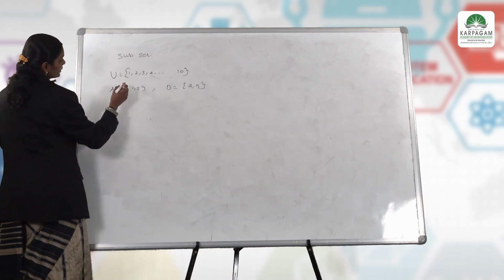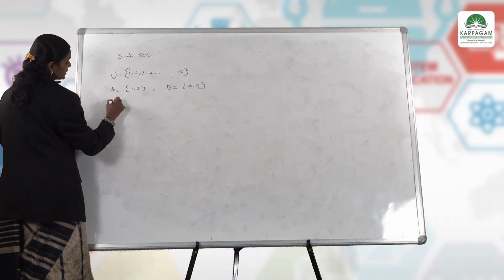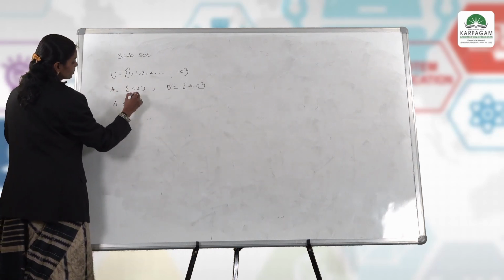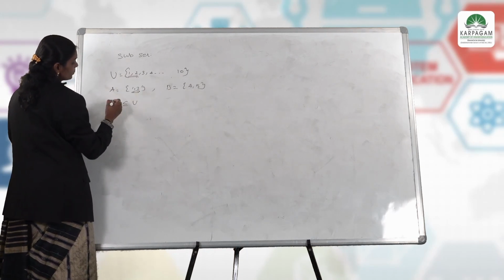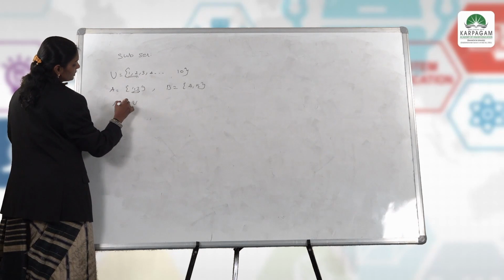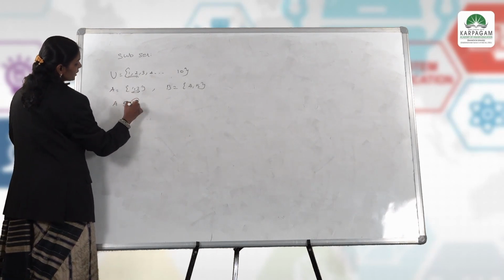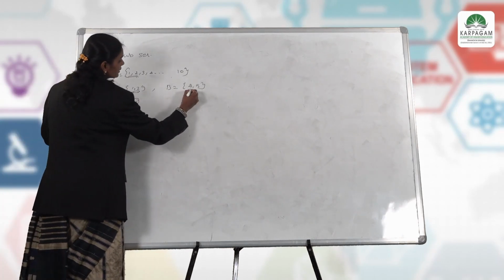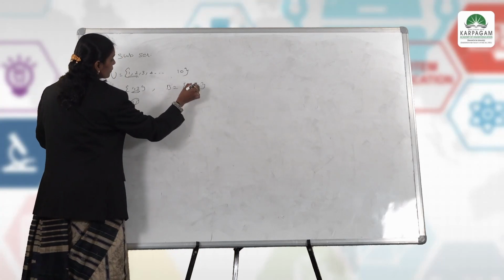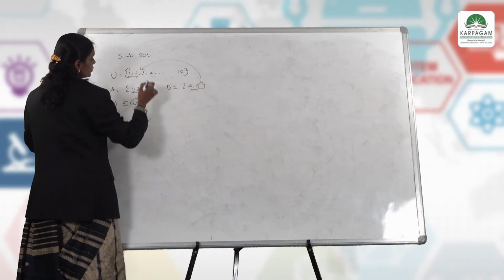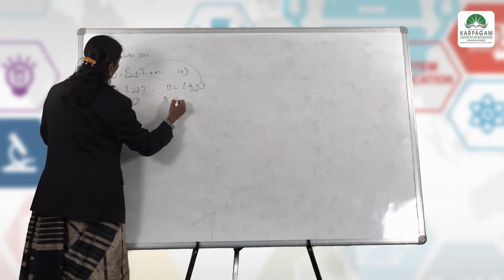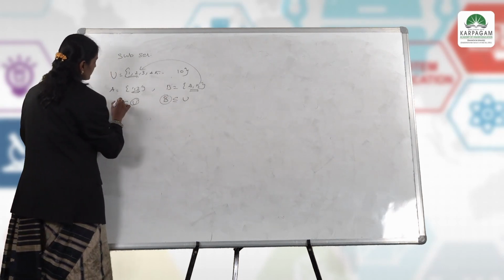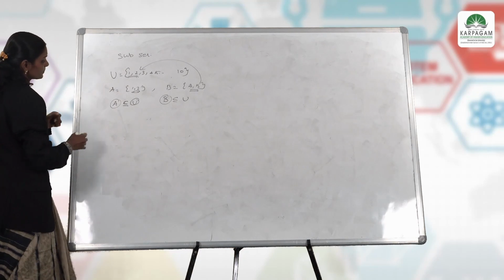Now take 1, 2: A is contained in U. We have 1 and 2 here, and the same values are in the universal set. So A is called a subset of U. Similarly, the values 4 and 5 are also in the universal set, so B is contained in U. Both A and B are subsets.